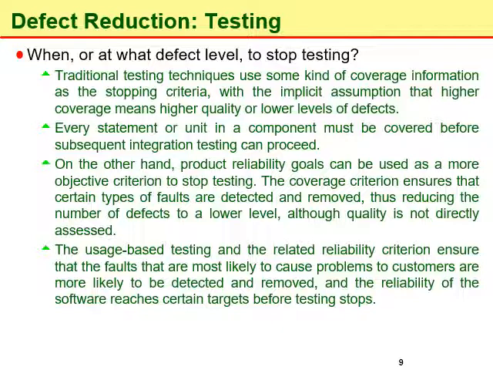Every statement or unit in a component must be covered before subsequent integration testing can proceed. More formal testing techniques include control flow testing that attempts to cover execution paths, and domain testing that attempts to cover boundaries between different input subdomains. Such formal coverage information can only be obtained by using expensive coverage analysis and some other testing tools.